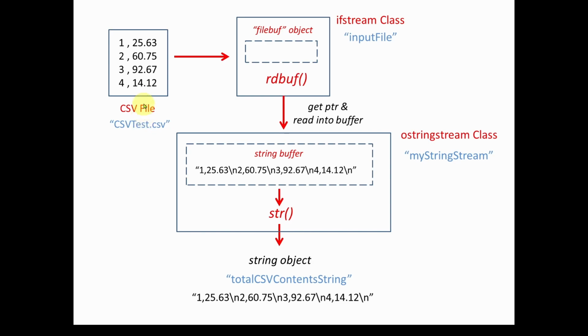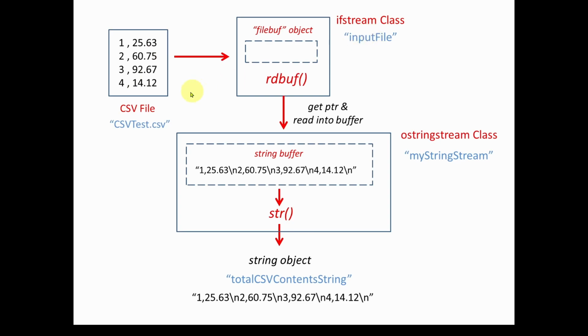And we're going to use, as we said, the ifstream class, and we're going to instantiate an object, and I'm going to call it input file. And that's basically an ifstream class object, all right? And what that does is that's responsible for opening this file and then reading the data into a buffer, all right? So input file opens that file, you give it this name, csvtest.csv.